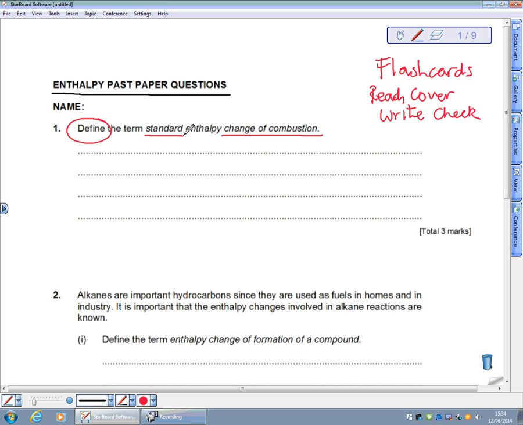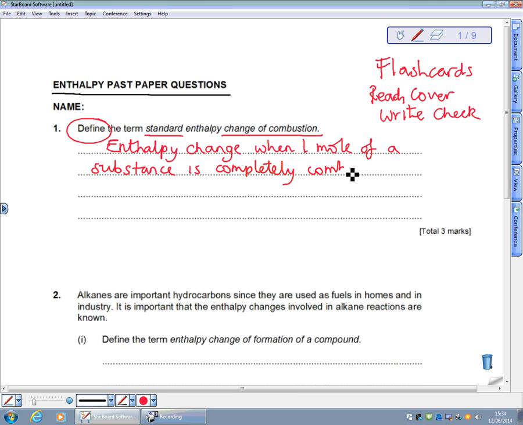So we're going to start off with the enthalpy change when 1 mole of a substance is completely combusted in excess oxygen under standard conditions.